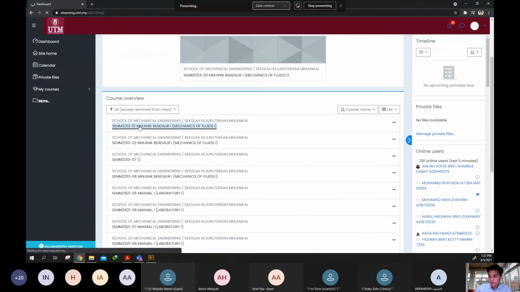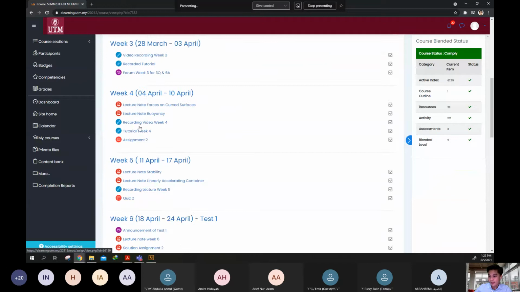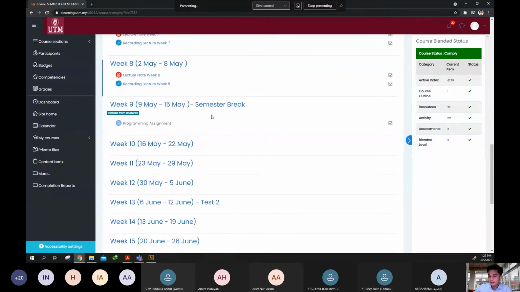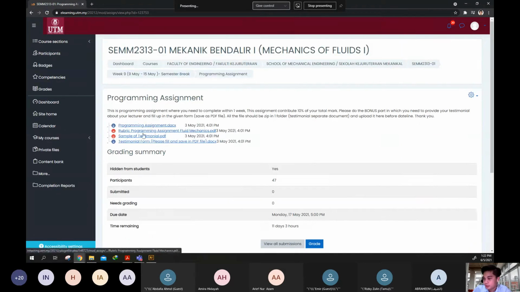So you open your course section and you will find that the programming assignment falls under week 9. This is the programming assignment that you need to complete within 1 week. It contributes 10% of your mark.